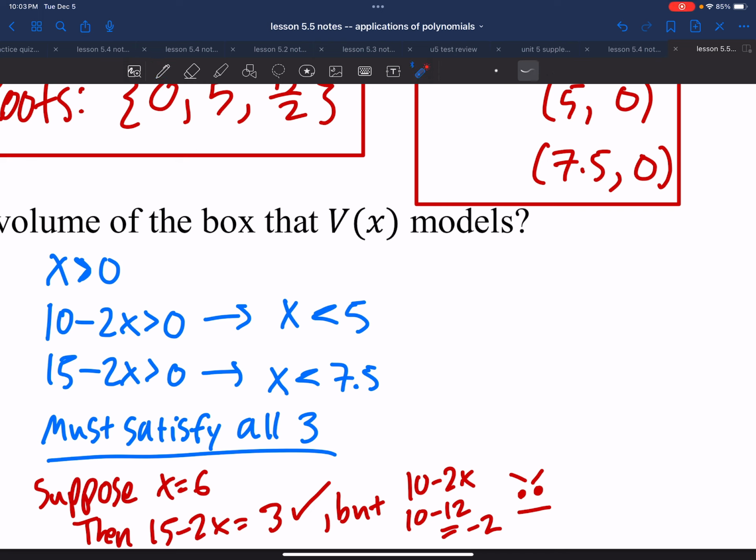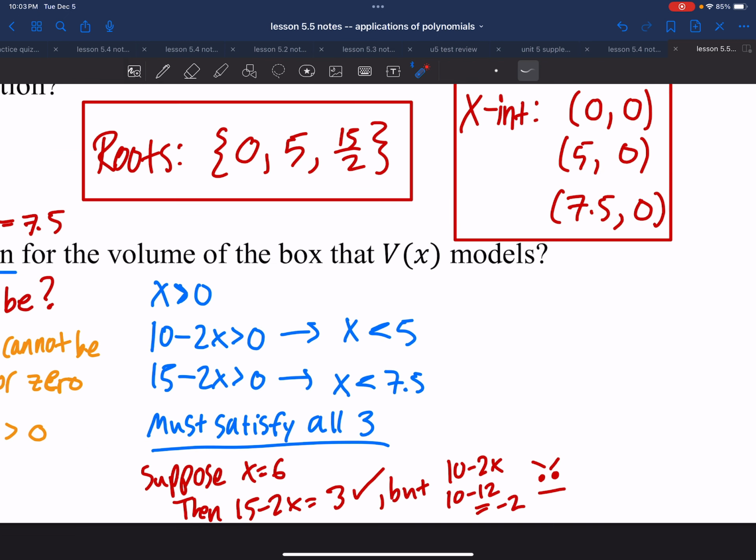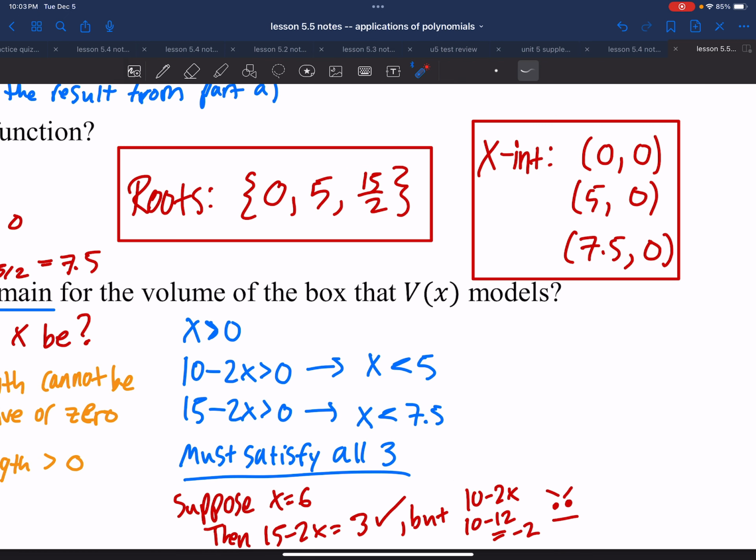So don't do 6 because that makes this negative, right? You can see that it's an and statement. All 3 must be true in order to keep this side length positive, right? If I pick anything equal to that or whatever, that's not good. So strictly less than 5.